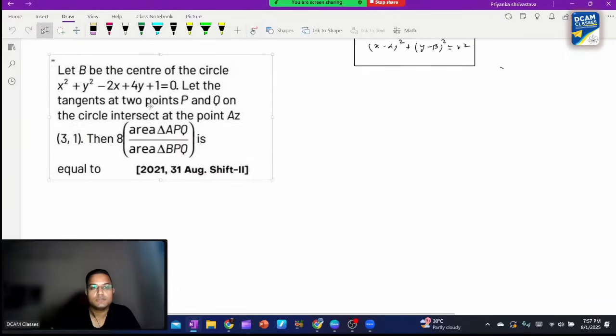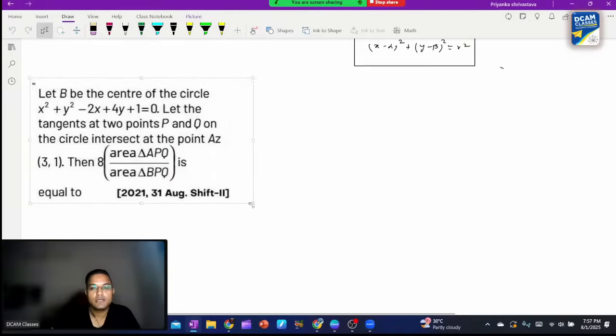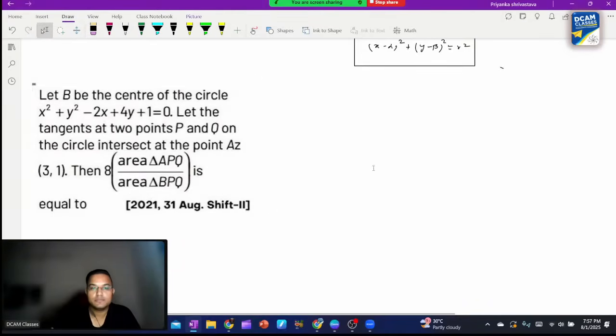Try to study this question. Just frame it, try to draw the diagram and understand.